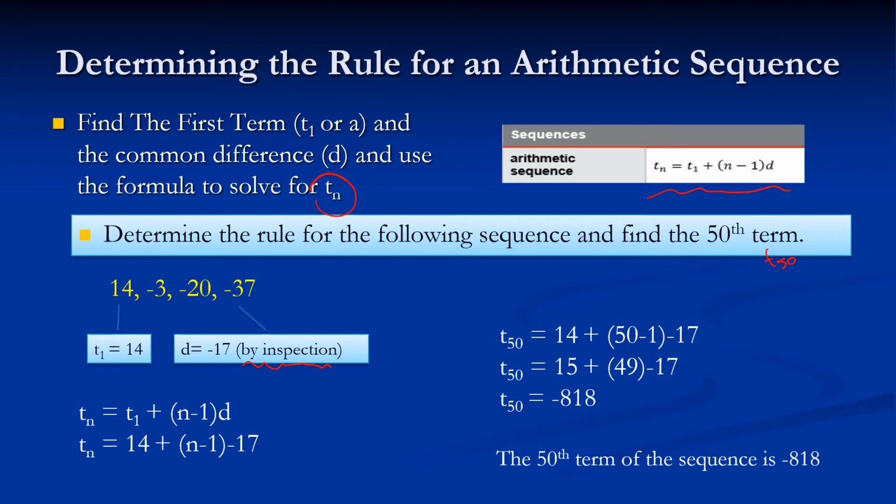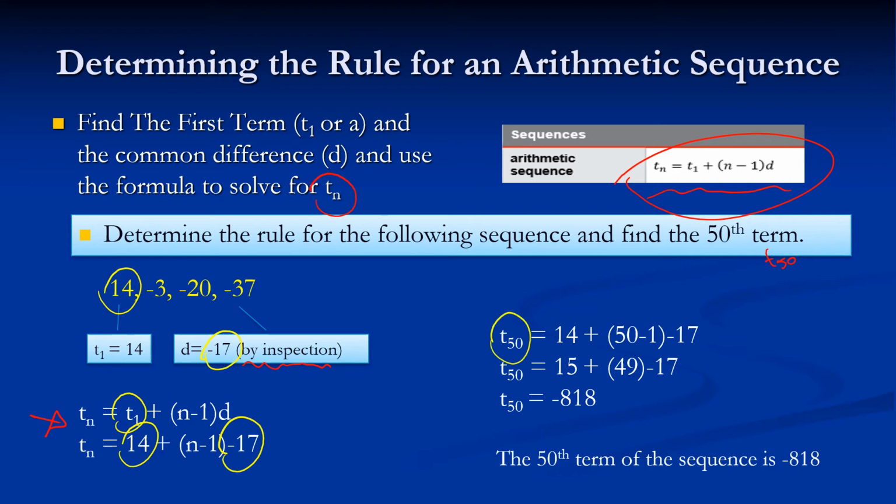So we find our formula. Here's our formula, and I've just rewritten it here and substituted in what I know. So I know my first term is 14. So I've put that in, and then I know the common difference. It was negative 17. So that goes there for D. Now I want to find the 50th term.